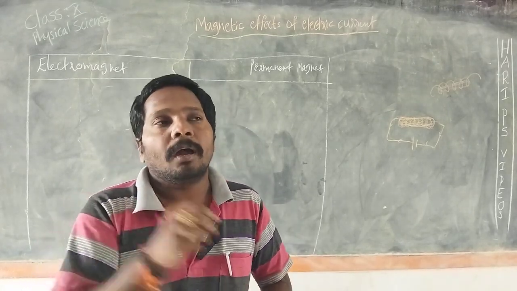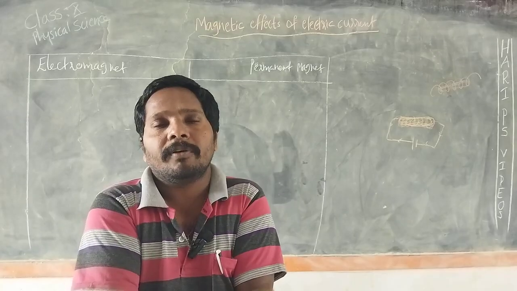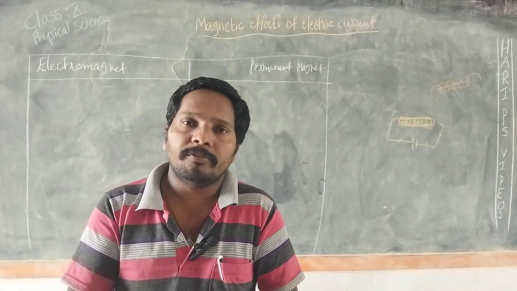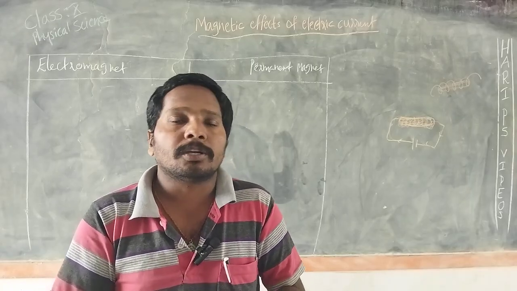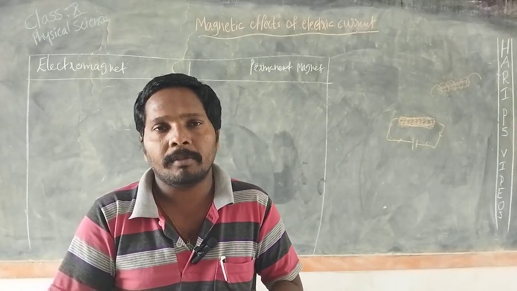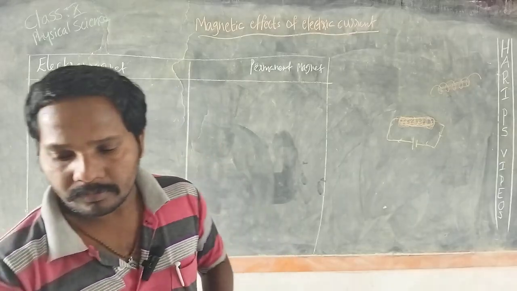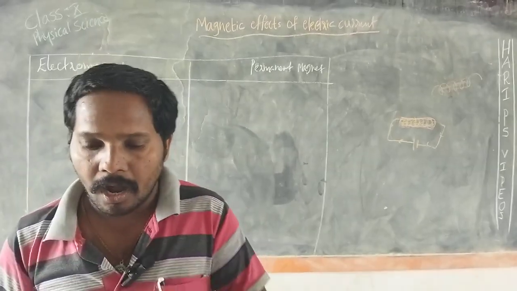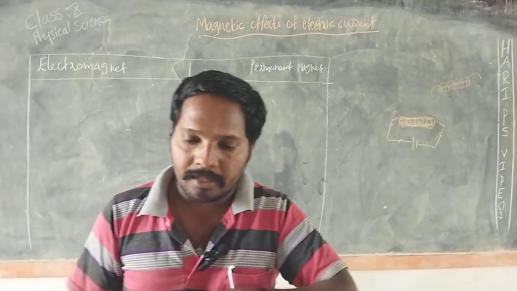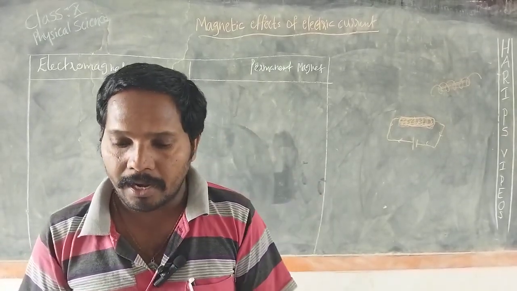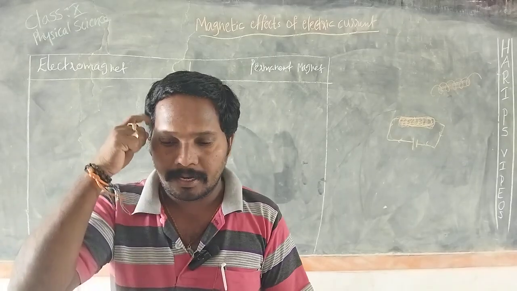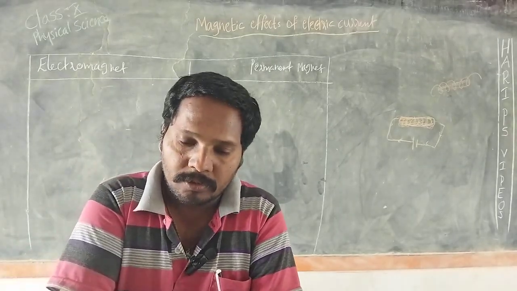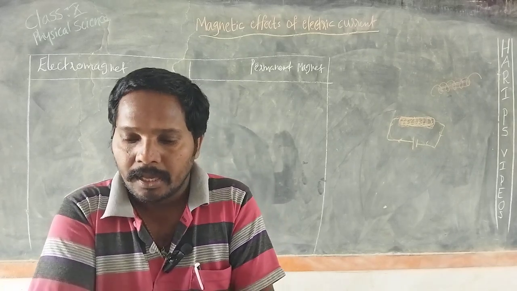That's why we use soft iron. If we use steel, it does not lose all its magnetism when the current is stopped and becomes a permanent magnet. That's why steel is not used for making electromagnets.